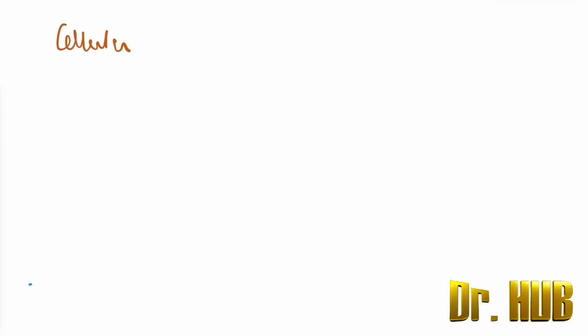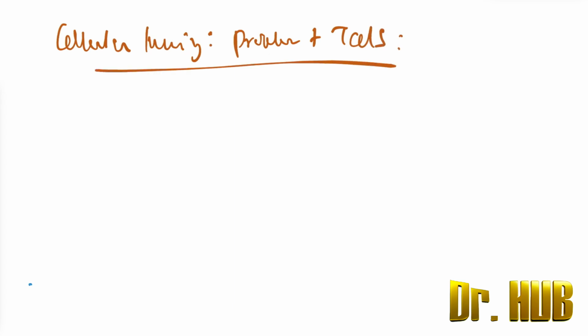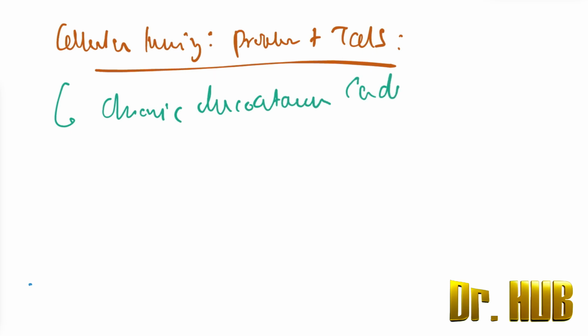So we look at the cellular immunity. They include the problems with the T cells. What do they include? It includes chronic mucocutaneous candidiasis.